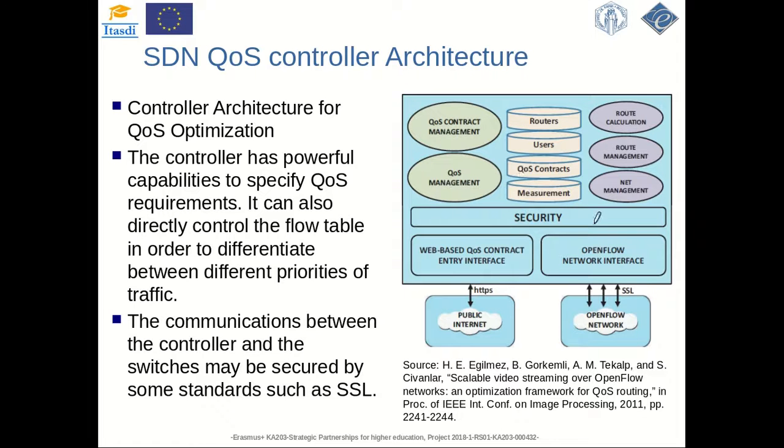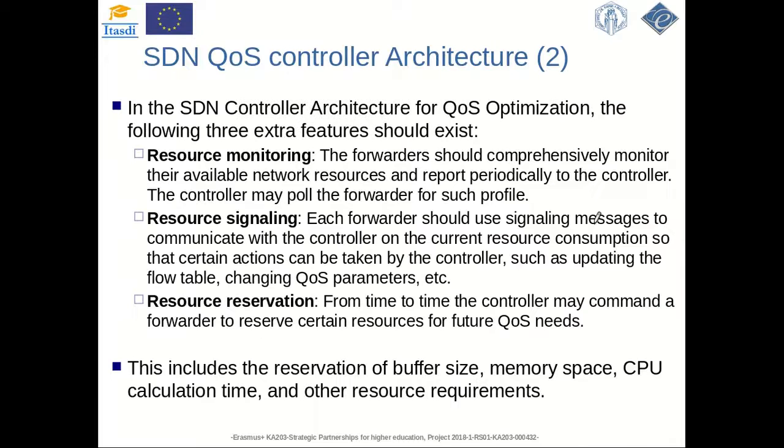Both have security. In the SDN control architecture for QoS optimization, the following three extra features should exist: resource monitoring, resource signaling, and resource reservation.